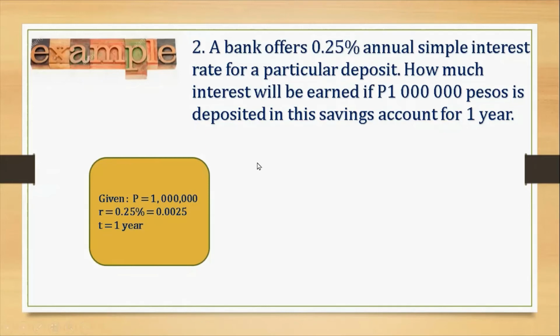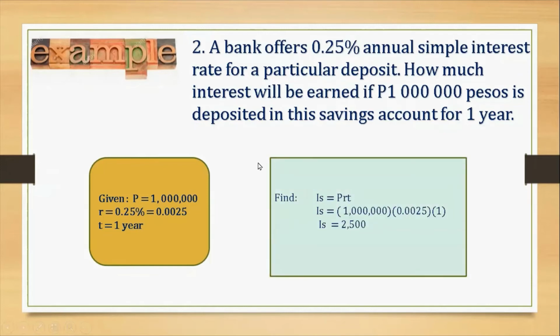And now you can initiate the formula in solving the interest, which is I is equal to P times R times T. So P there is 1 million times R, which is 0.0025, and T times 1. Okay, when you're going to solve for that one, you will get interest is equal to 2,500 pesos. Again, 2,500 pesos. So in answering the problem, how much interest will be earned?